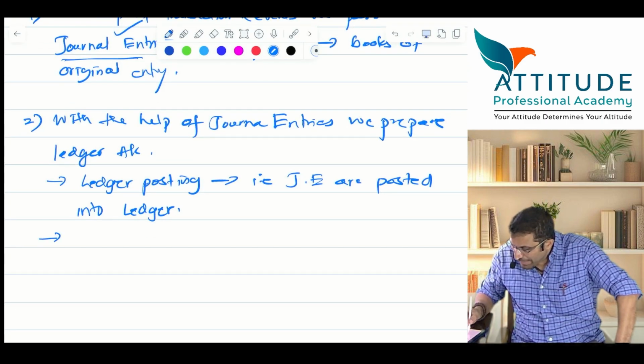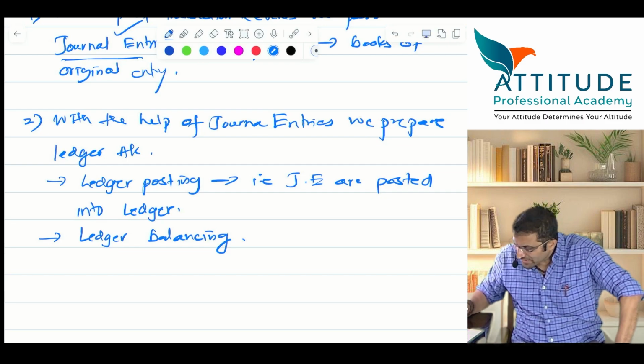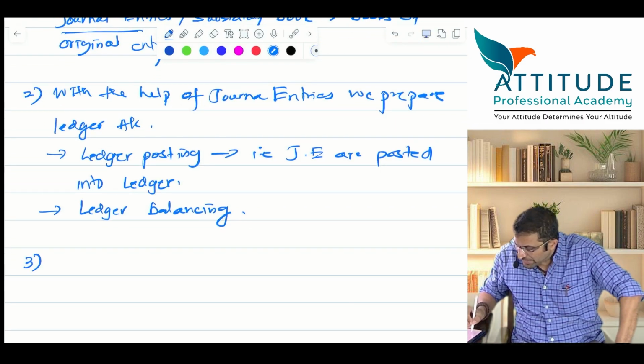Next, then there is ledger balancing. Once the ledger is balanced, step number 3 is trial balance.